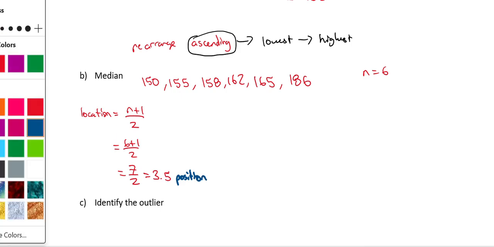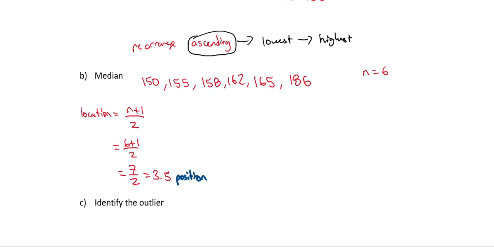That just tells you where the median is. Looking at that, I can tell it's somewhere between that blue line right there. I just don't know the exact number. What you're supposed to do next is take the average of the two numbers beside that blue line.